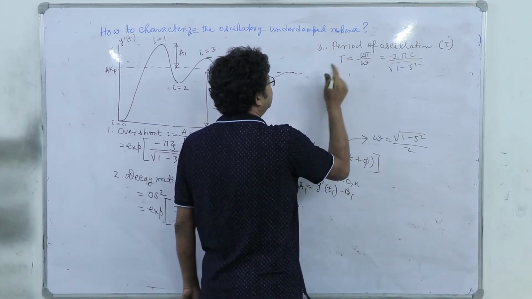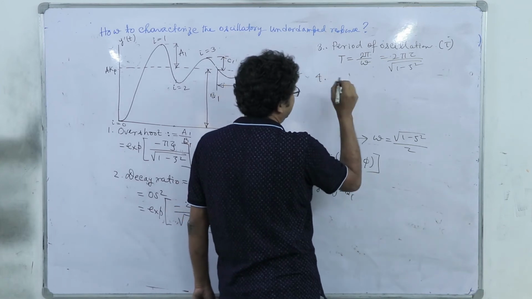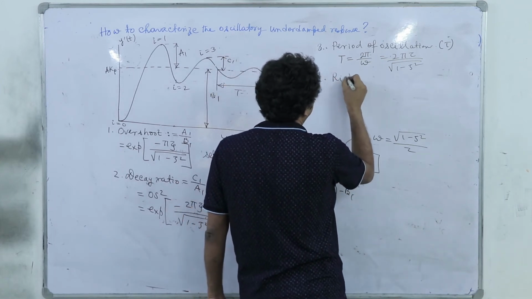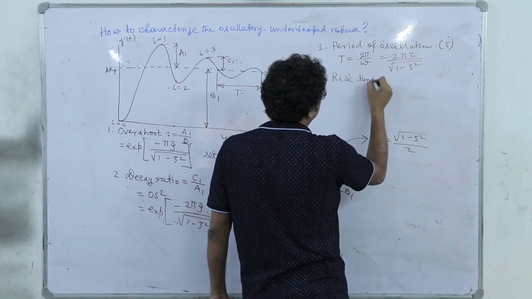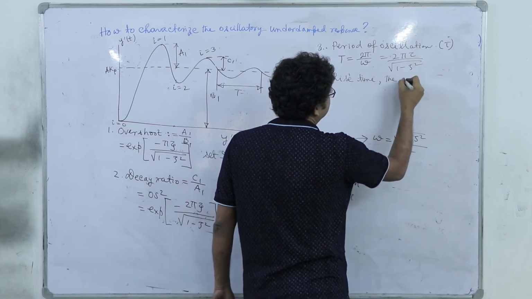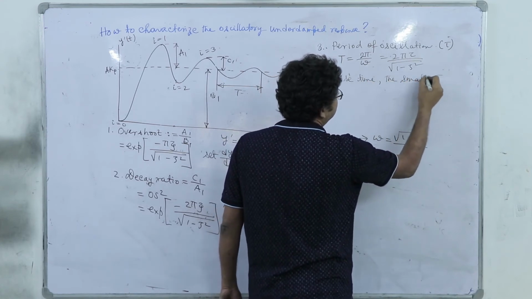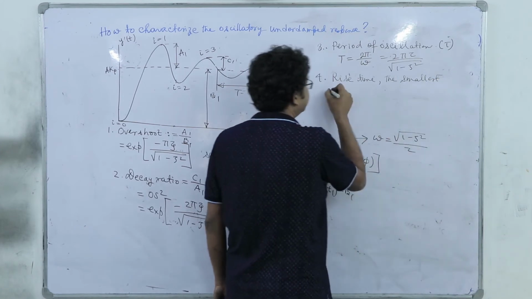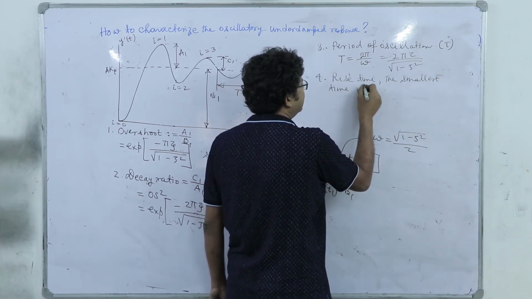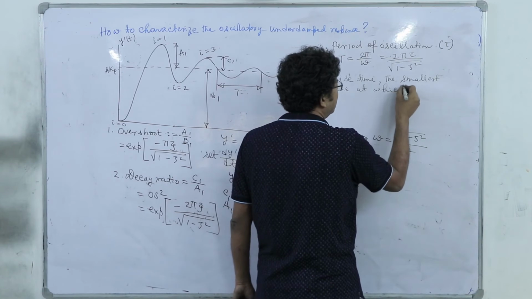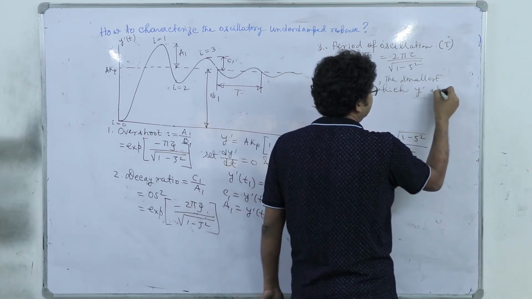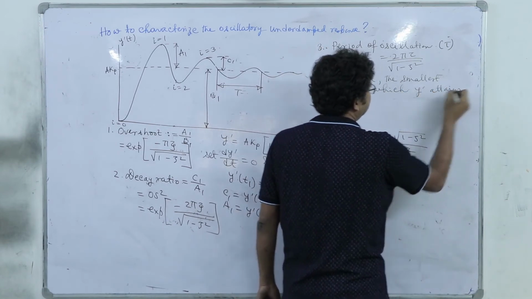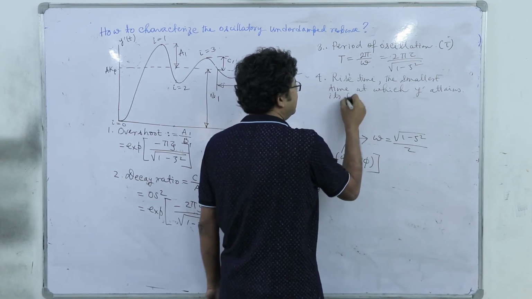The fourth one, I will not find out the exact value, it is called rise time. The smallest time at which y prime attains its final value.